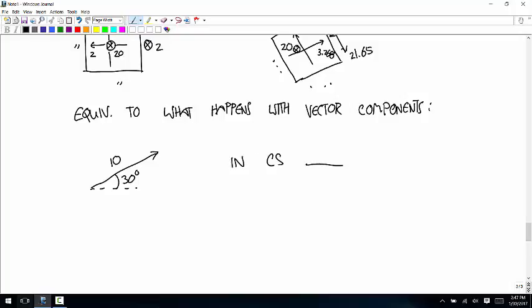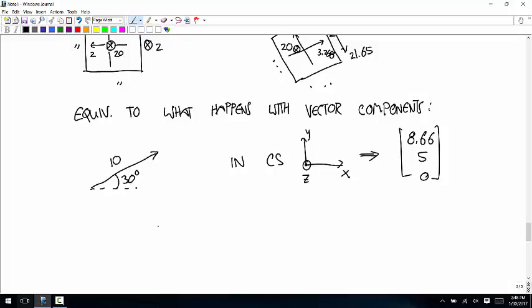In the coordinate system like this, that gives you 8.66 and 5.0.